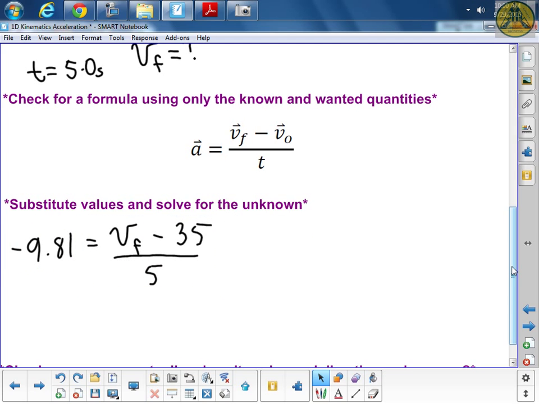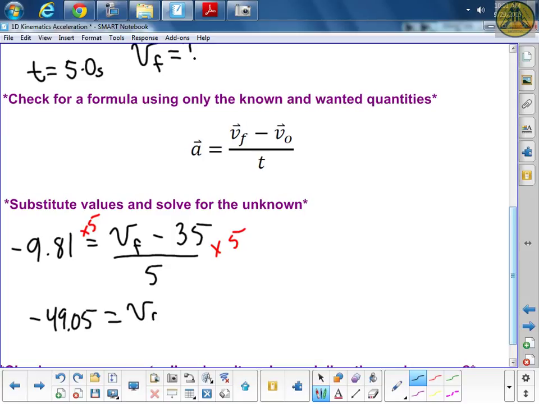So 9.81 times 5 is 49.05. It's negative 49.05. That's final velocity minus 35. So the change is negative 49. So in 5 seconds, gravity is going to take away almost 50 meters per second.